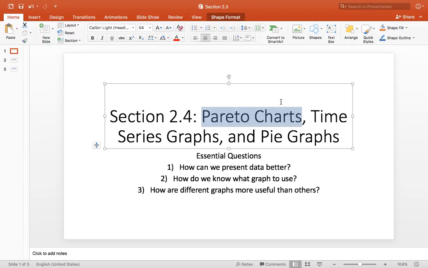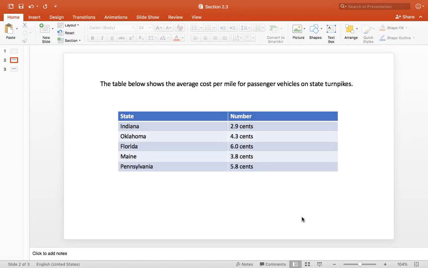All right, so let's go through this problem. Here we can say we filled out a frequency distribution in which we're talking about the average cost per mile for passenger vehicles on a state turnpike.